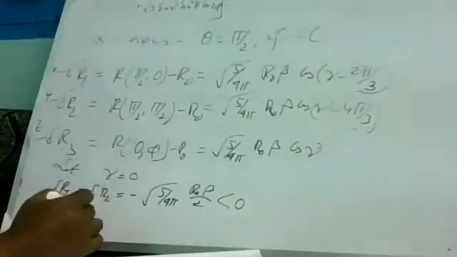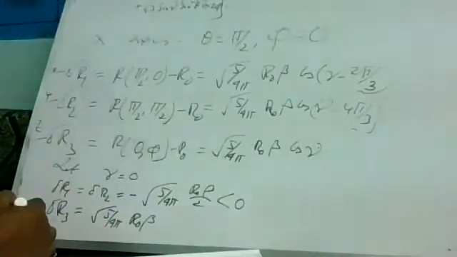This means the x-axis and y-axis are contracted from the original value. And delta R3, for gamma equals 0, is root over 5 by 4 pi R0 beta, which is greater than 0. So the z-axis is elongated. So this will be a prolate sphere of this shape.